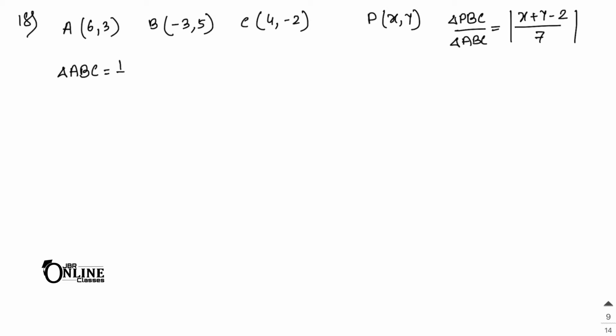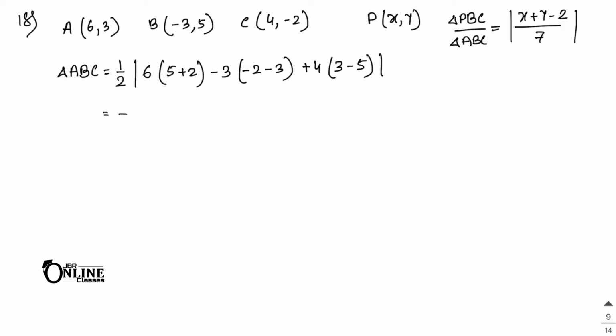So in that case here half, then here x1 means here 6, then y2 means 5, and then y3 plus 2. Then next here minus 3, then here y3 means minus 2, then y1 minus 3, and next here 4, then here y1 3 minus 5.